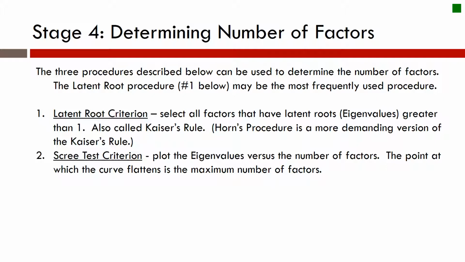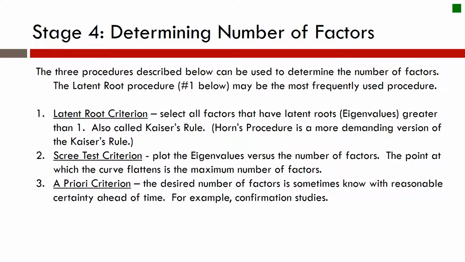And basically what you do is you look for a slant in the chart, and then where the chart flattens out, that's your cutoff point in terms of how to determine the number of factors that you should use. Okay, so that would be a second approach. It's a visual approach that takes some interpretation in order to perform.